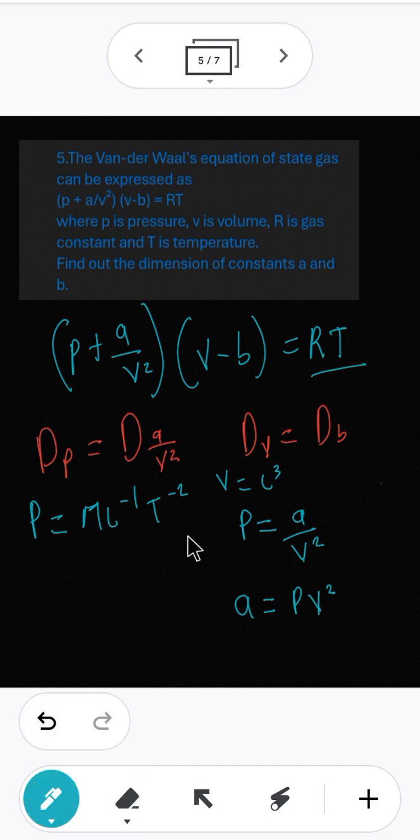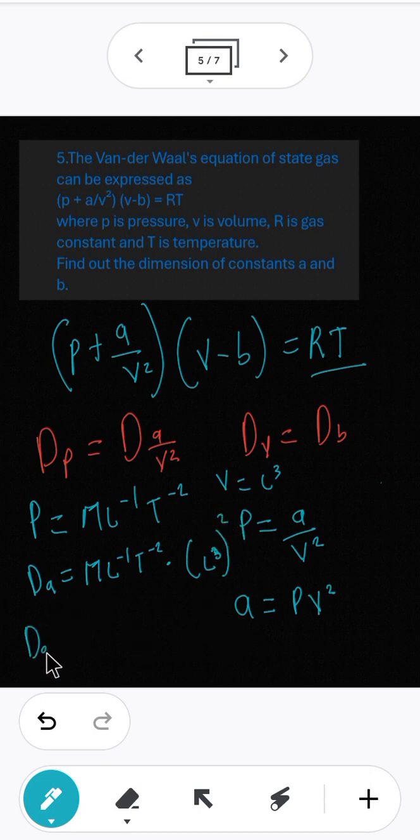I hope you're not lost. The dimension of P equals the dimension of A over V squared. Dimension of A becomes PV squared. So the dimension of A becomes P, which is M L minus 1 T minus 2, multiplied by V squared, which is L cubed all squared.